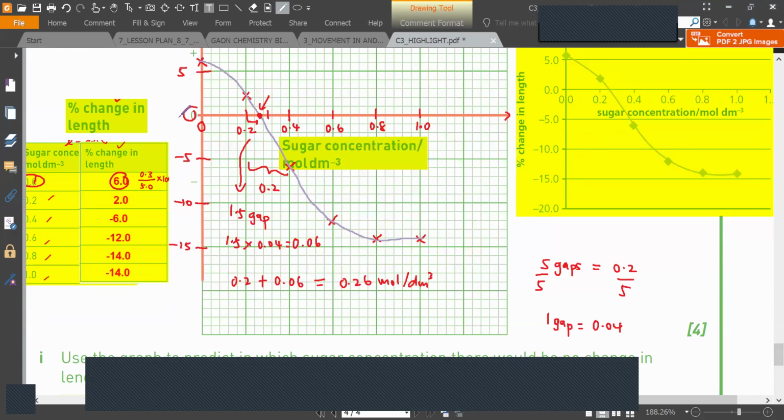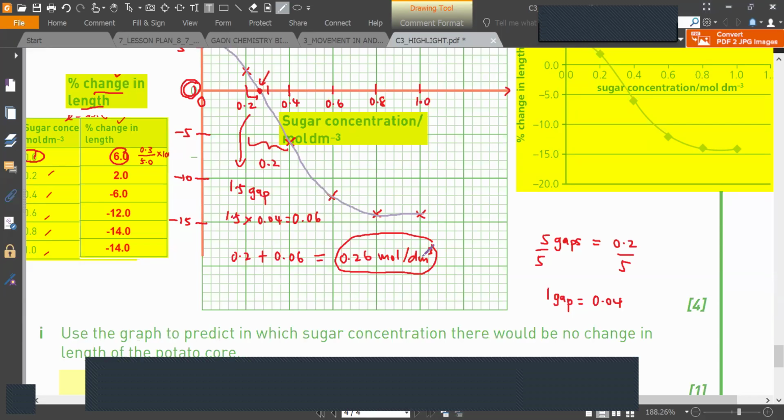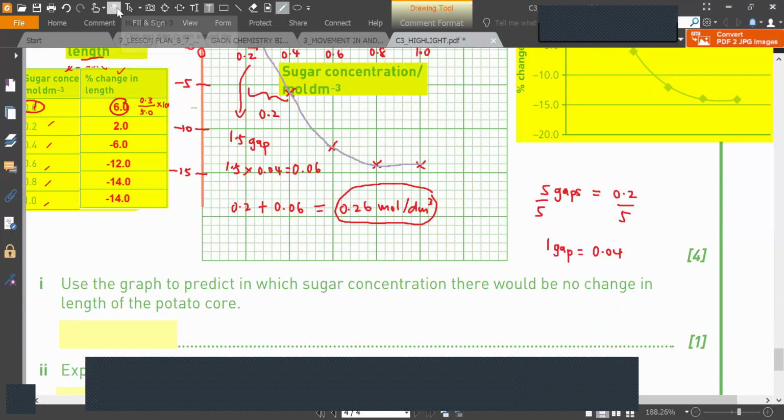So the concentration where there is no change in length is at this concentration here. It's telling us that at this concentration, the water potential inside and outside the cell is the same. That's how we analyze this graph. So our answer is 0.26.